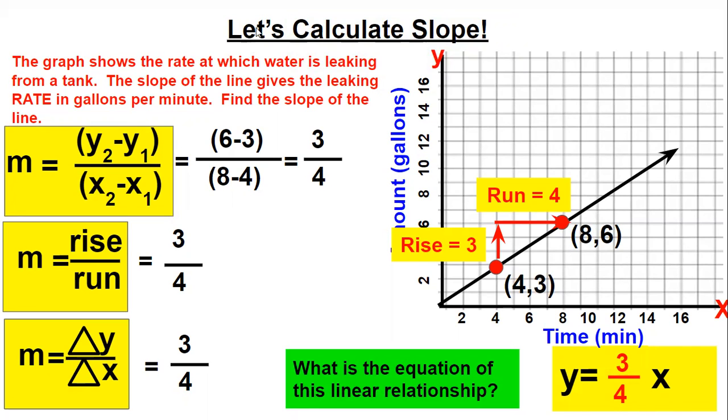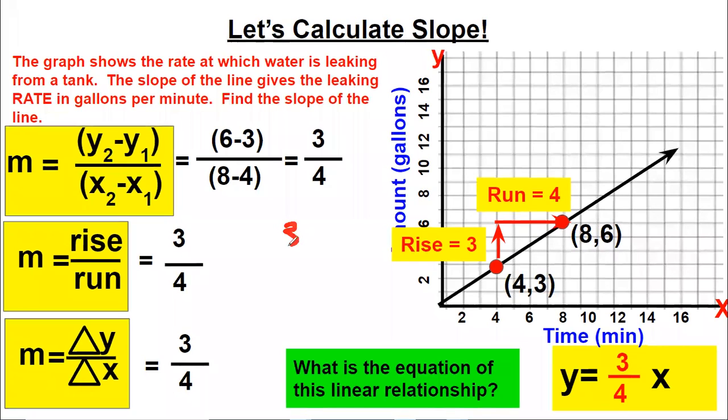What does that mean, and why do I care that I have an equation of a line? Well, I can do a lot with an equation. I'm not always going to want to be graphing things all the time, especially if I have very big numbers. Let's say I wanted to know after 3,000 minutes, how many gallons of water would have leaked out?